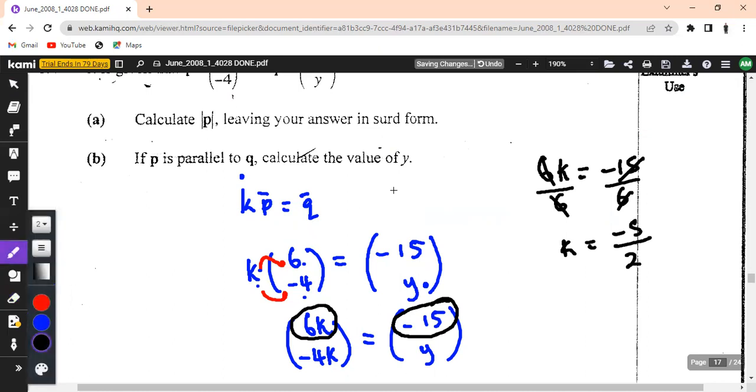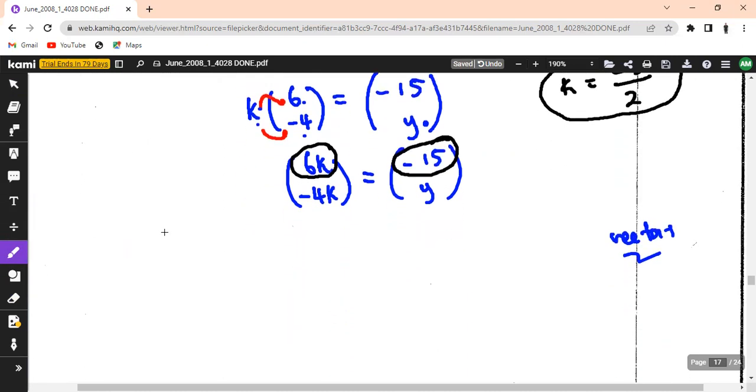All right. So if our k in this case is negative 5 over 2, then what about the value of y? We now have to return here to the corresponding values. We are saying these two are equal. So we are going to write minus 4k is equal to y.